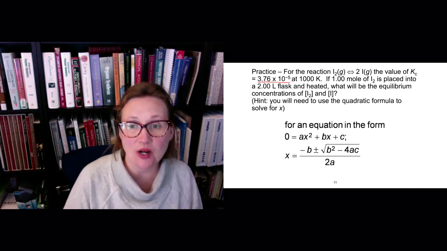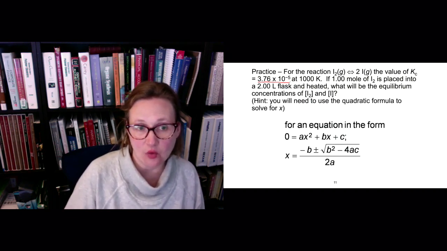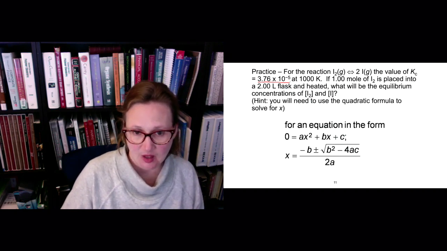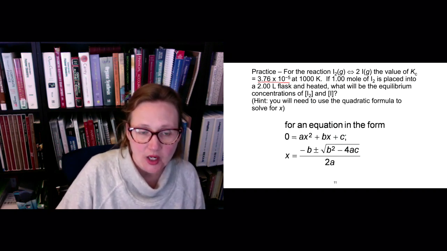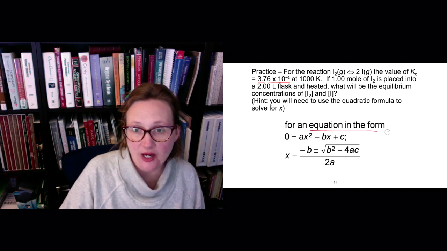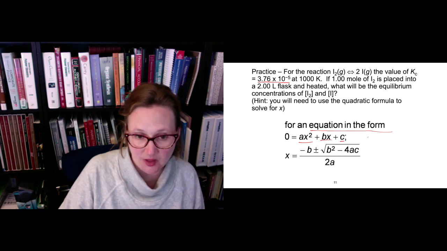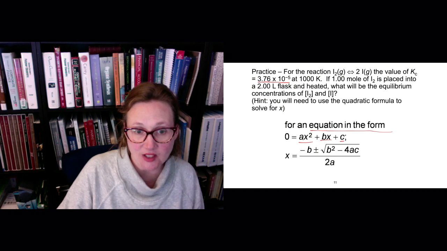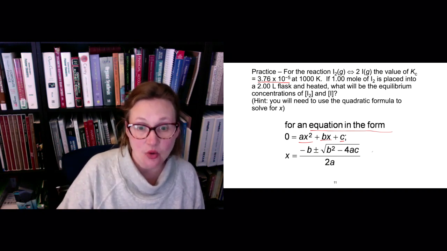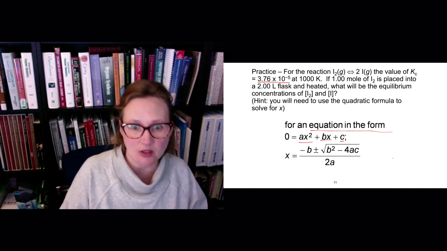Okay, so we're going to use the quadratic formula here to solve for x. A little bit of a review: the first thing you have to do when you solve with the quadratic formula is get it into the form ax squared plus bx plus c. Then you can define what those letters are. A is the coefficient of x squared, b is the coefficient of just the x, and c is just a number.